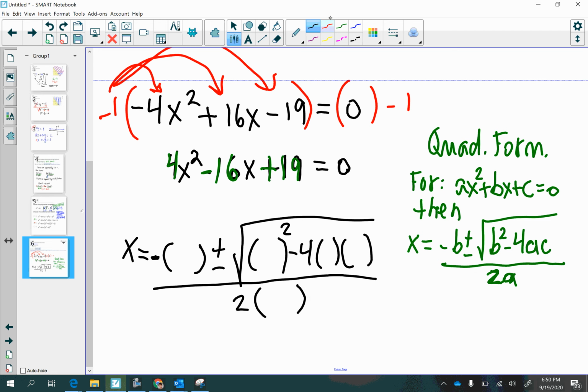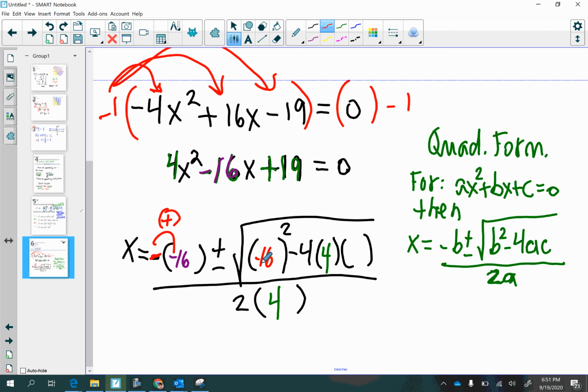Okay, so let's put in the a value, which is 4. I'm going to put that right here and here. The b value is -16, so let's go ahead and put that here, -16. Don't forget we already have a negative outside of it, so this is going to become a plus. And then we have -16 in here, and when you raise something to the power of 2, a negative times a negative will become positive.